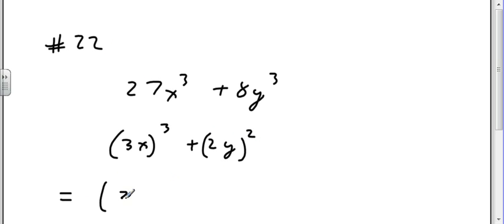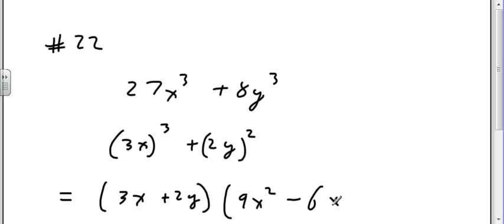So the factorization will be 3x plus 2y times x squared, which would be 9x squared, minus x and y, so it'd be 6xy, plus the other guy squared, 4y squared. And then I'd be done.